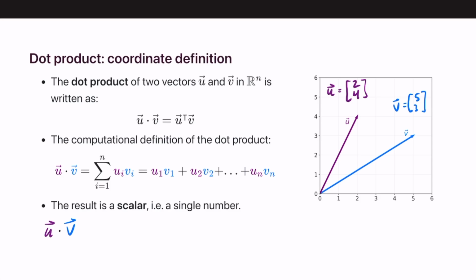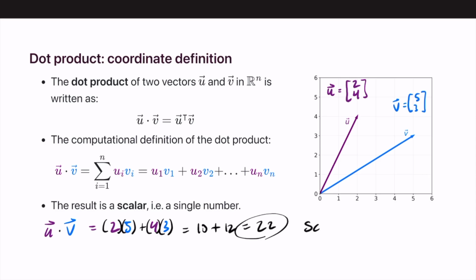We're going element-wise and multiplying these elements. So we're going to have 2 times 5 plus 4 times 3, which is just going to equal 10 plus 12, which will give us 22. And this is our scalar.